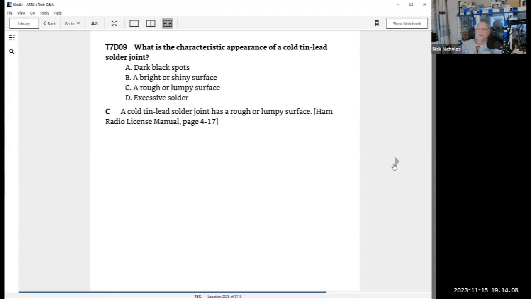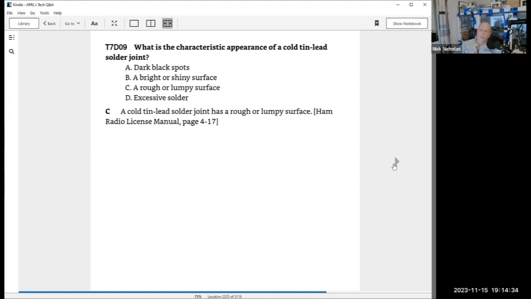What is the characteristic appearance of a cold tin lead solder joint? If you have a solder joint that looks dull, rough, and lumpy, that's a cold solder joint.